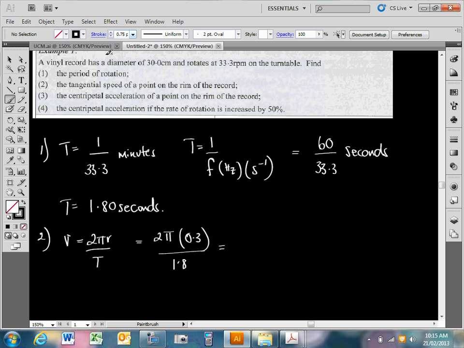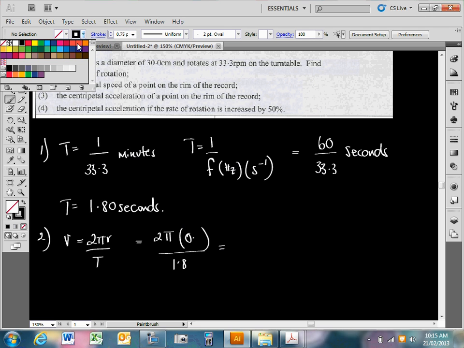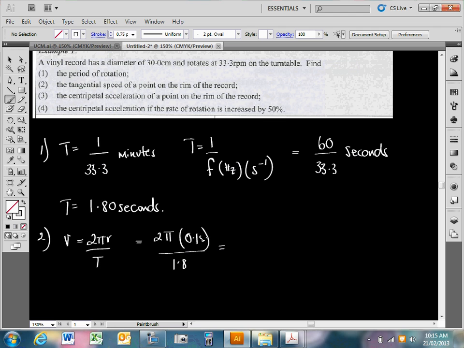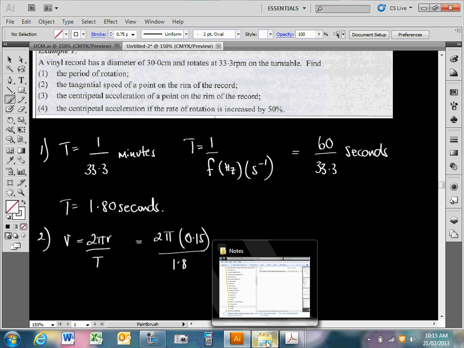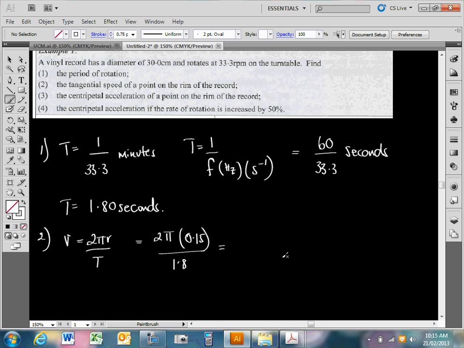I hope everybody can see that straight away. Divided by 1.8, because we're talking in radii. That gives 0.523. Somebody can confirm that. This book is sometimes incorrect.